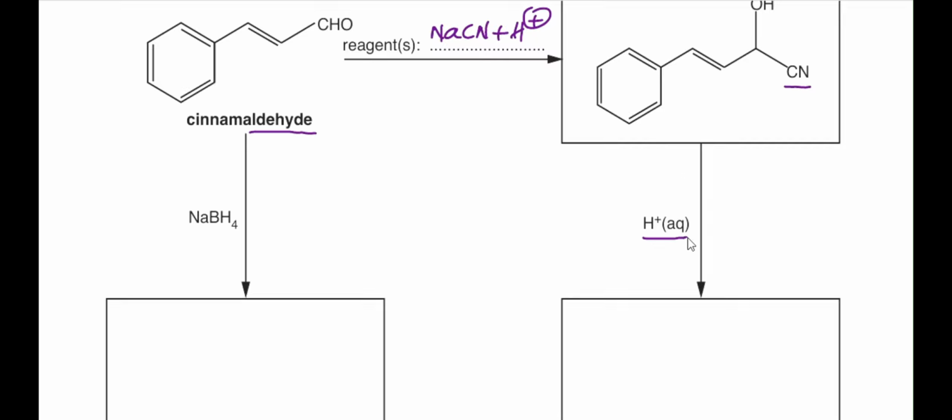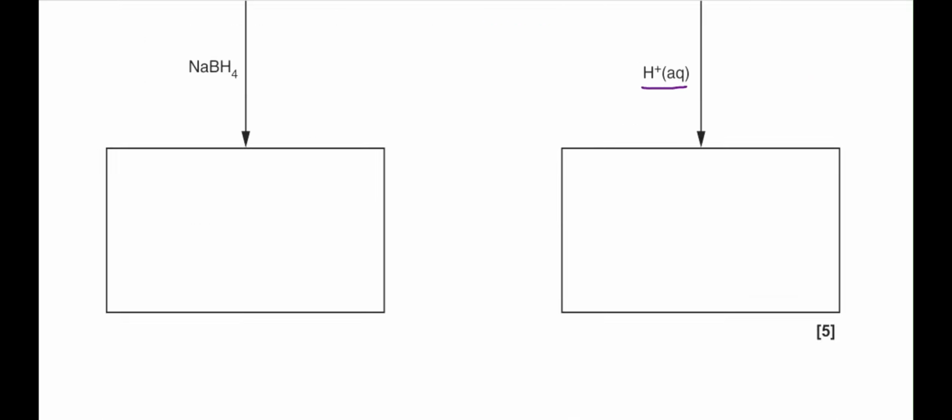When you add aqueous H positive to a nitrile compound, it will undergo hydrolysis to form a carboxylic acid as well as an ammonium salt. So let's convert this CN into a COOH group. So just as a note, it undergoes acid hydrolysis, CN becomes COOH.